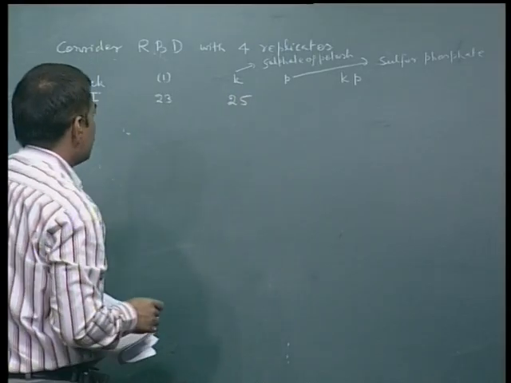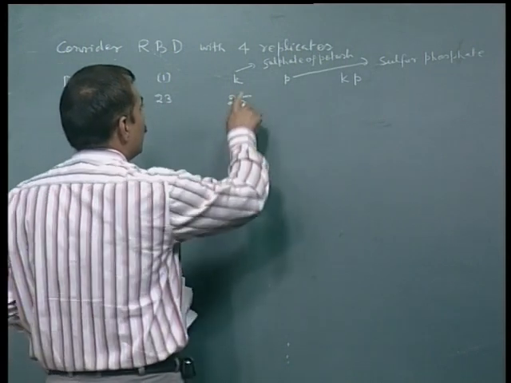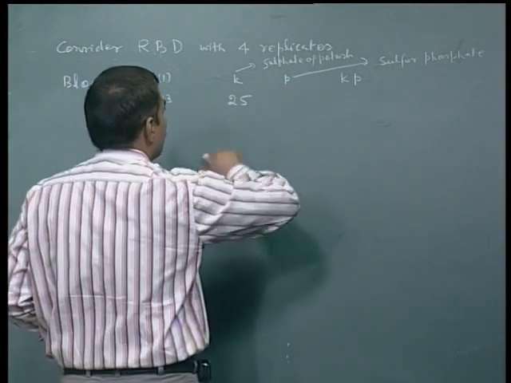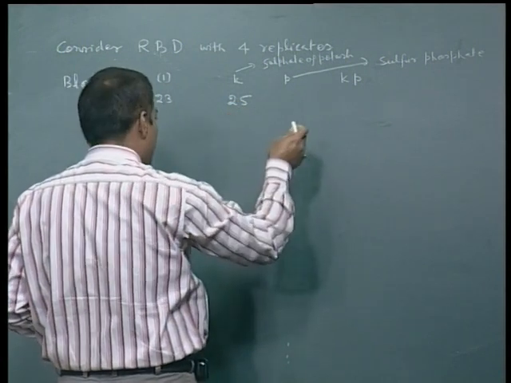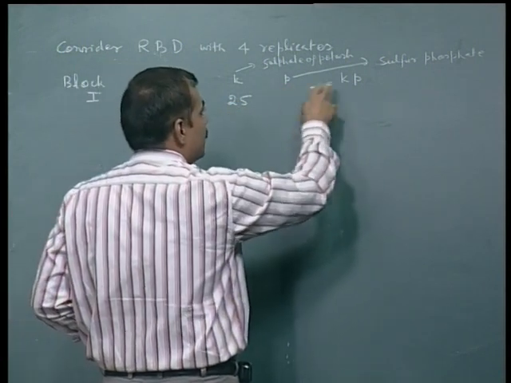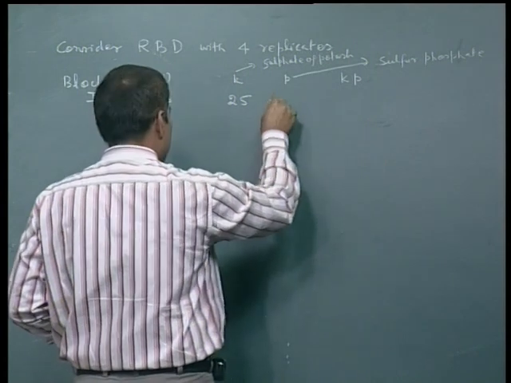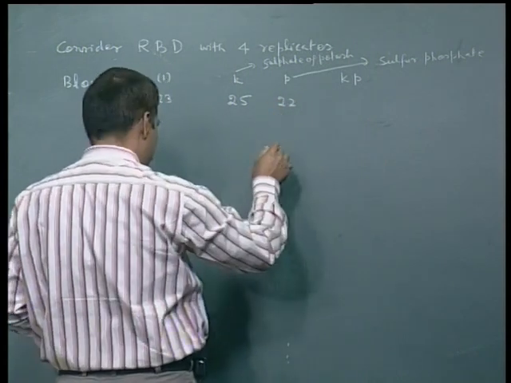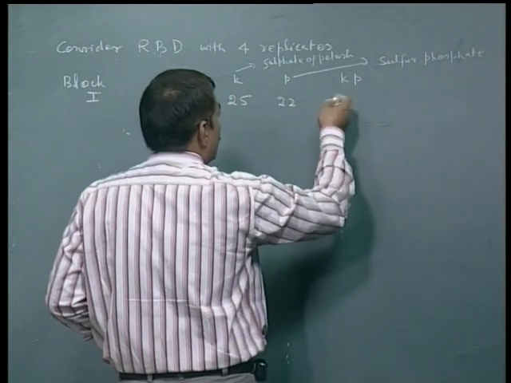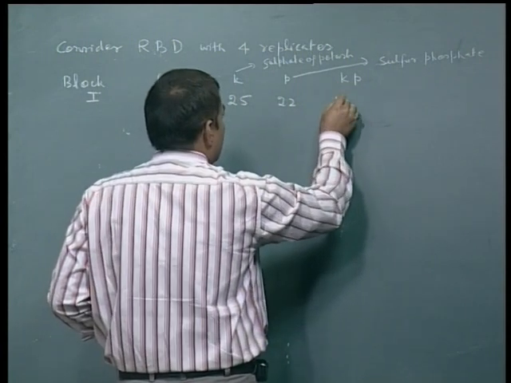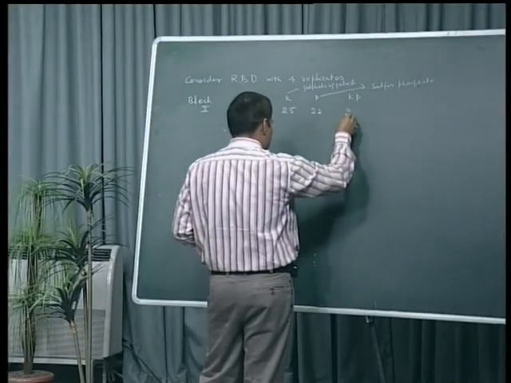In block first, when we apply only sulfate of potash, the yield comes out as 25, and when we apply only sulfur phosphate, the yield is 22, and when we apply both types of chemicals, the yield comes out as 38.